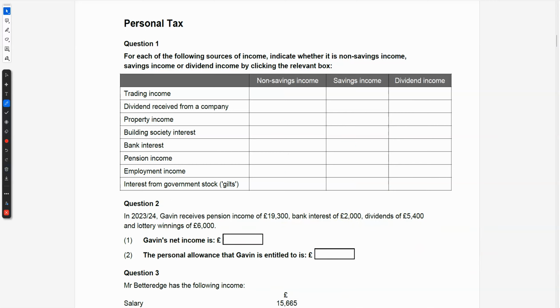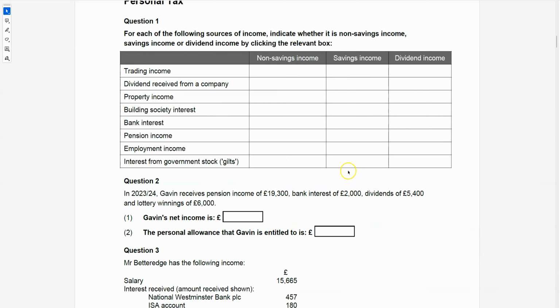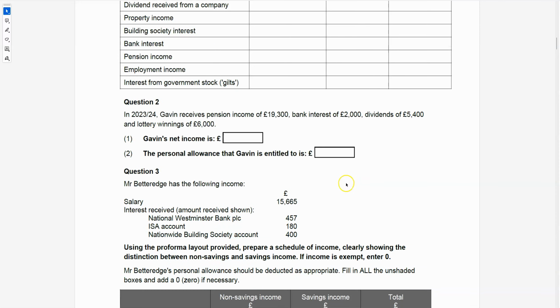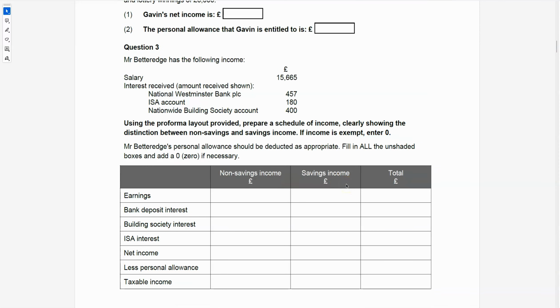The next one, question number 3. Let's have a look at that. It says Mr. B has the following income. Salary is a non-saving income, we know that. Then we have interest received from National Westminster Bank, that is a saving income, 457.